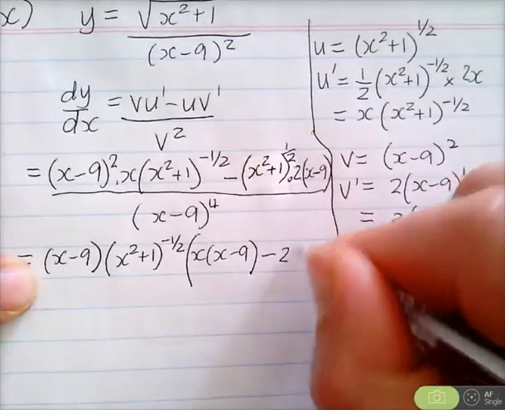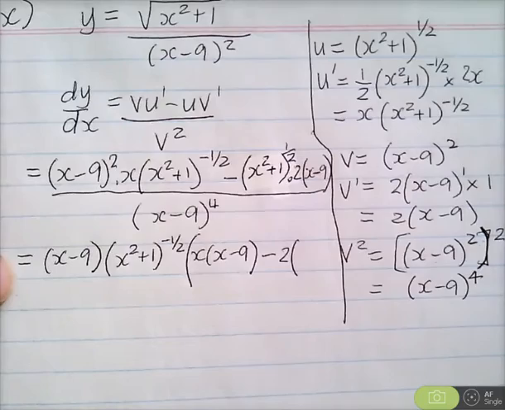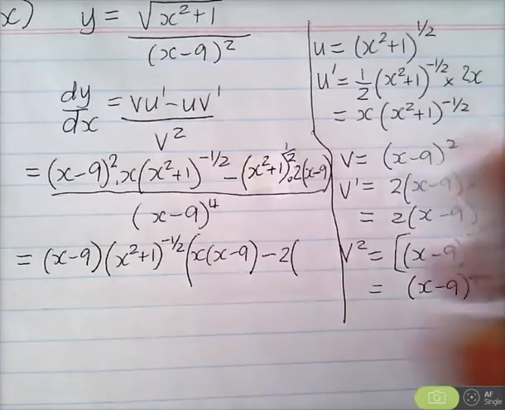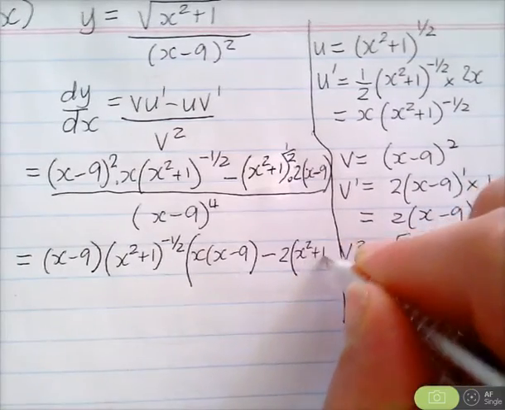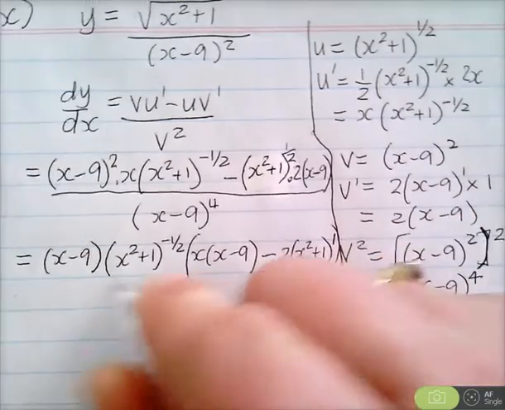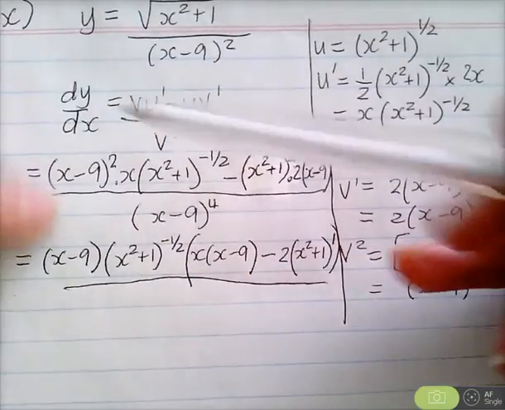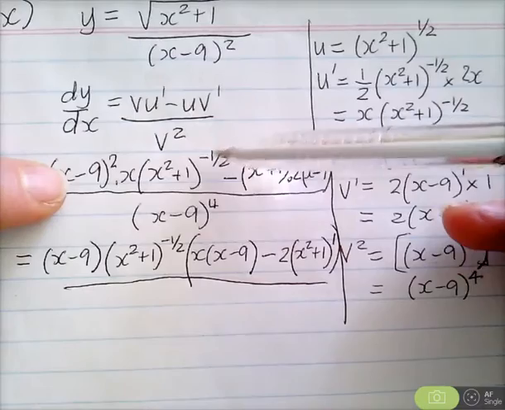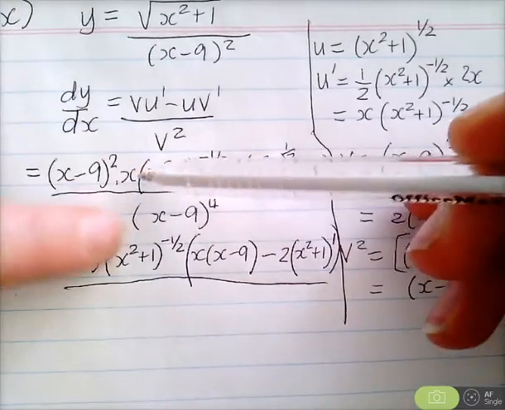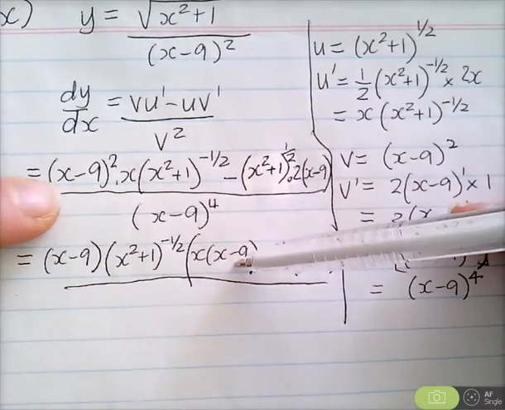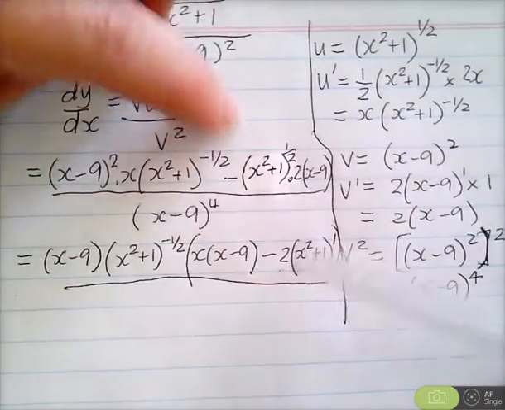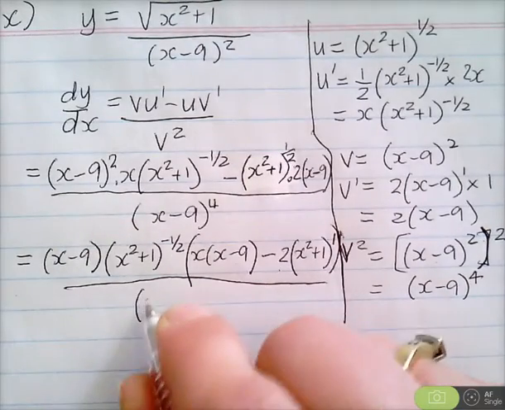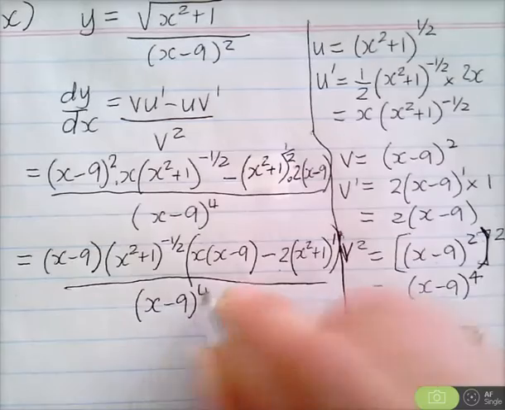There's a 2. And what else? X squared plus 1 to the 1. Girls, I pulled out an x minus 9 and an x squared plus 1 to the negative a half. There was one x left over in the first term and an x minus 9, over x minus 9 to the power of 4.